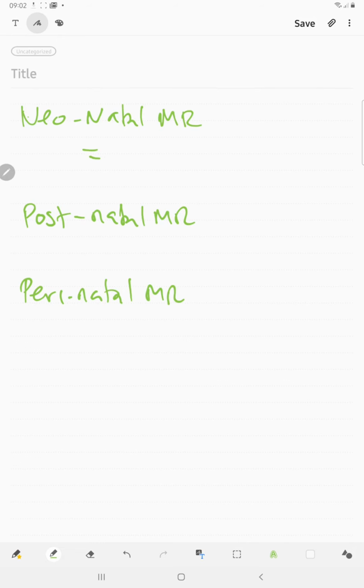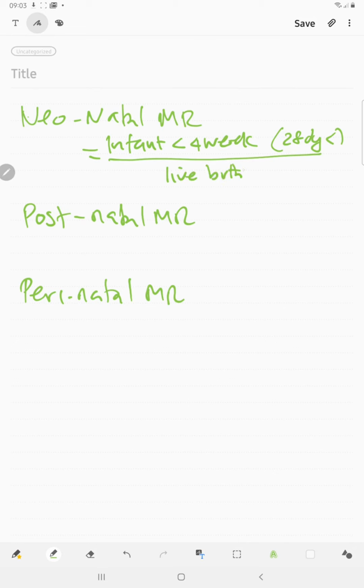A neonate is an infant less than 4 weeks. So the deaths of infants under 28 days over the number of children born, whom we call live births, multiplied by 1,000, we call neonatal.